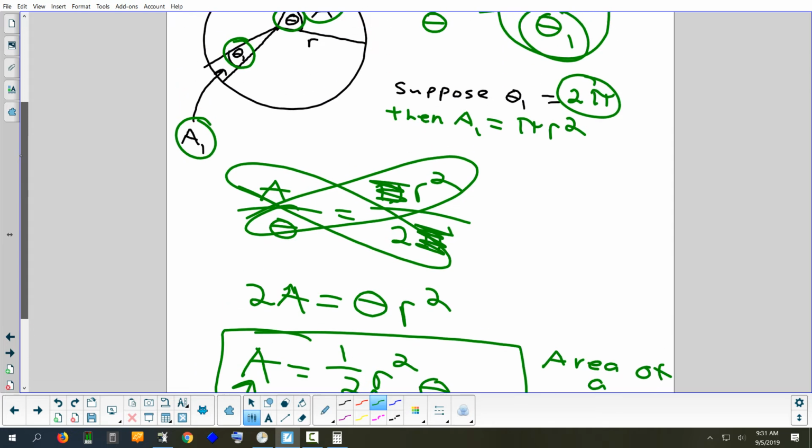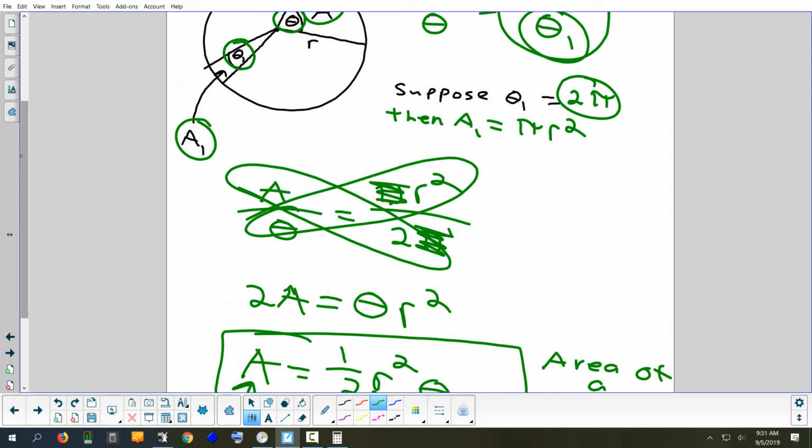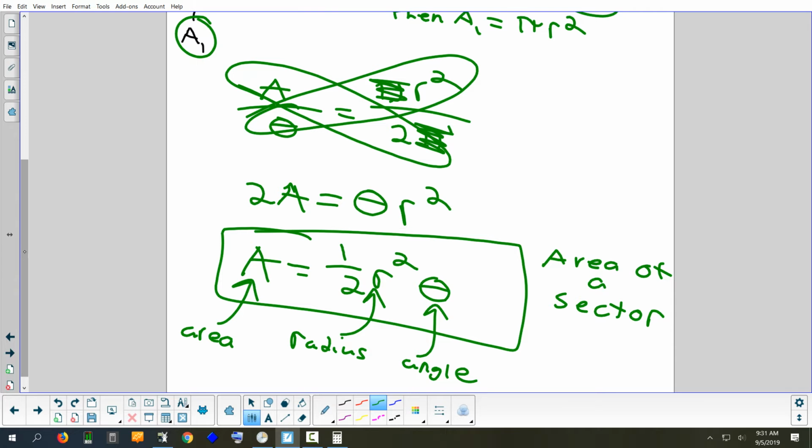And let's go back up. For my starting fact, for my 1 foot 12 inches, I assumed that my angle was in what units again? Radians. I didn't say suppose theta 1 equals 360. Okay? I did 2 pi. If I had done 360, then we would have had a 360 right there, and we could have come up with a formula.